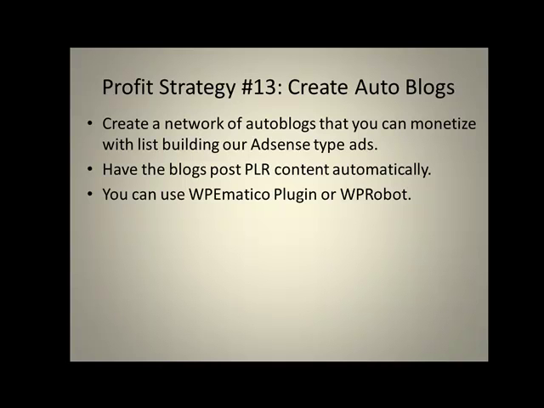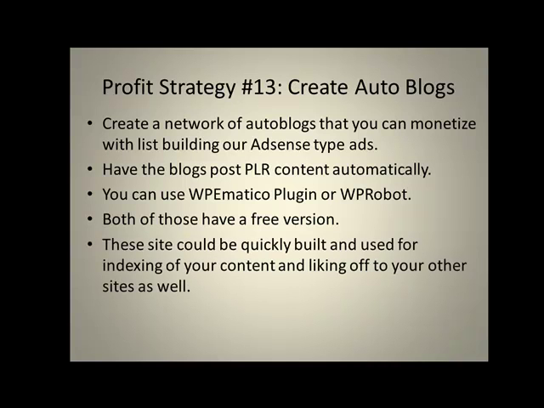But you could also leverage a plugin called WP Matico or WP Robot. Both of these are free plugins, and both have a free version available. Those plugins would feed in RSS feeds, like news stories and stuff that come in from multiple sites. So you could have a nice site that combines PLR content that's semi unique that you helped modify, along with these plugins to have good RSS feeds coming in, and you could have a nice little setup there.